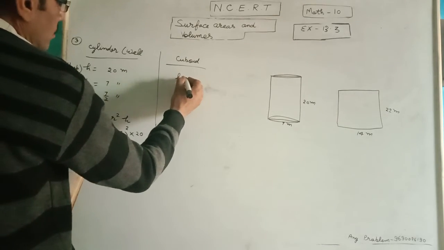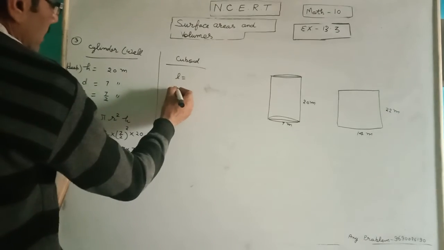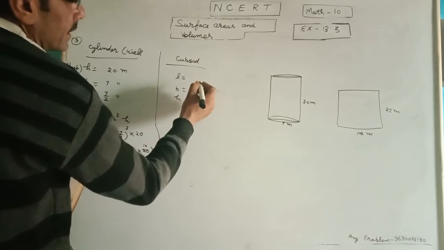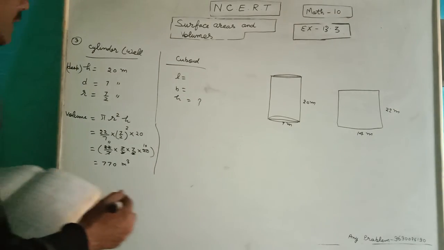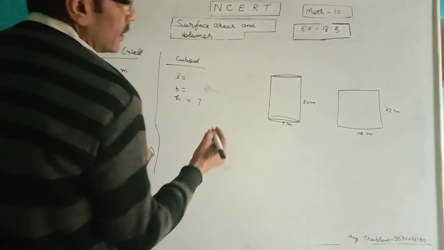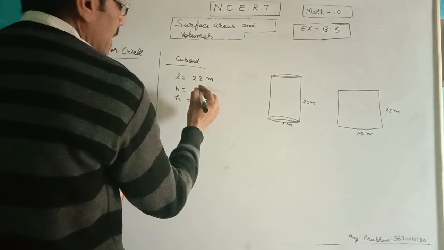L is equal to 22, B is equal to 14, and height we find. Spread the earth soil on the platform.